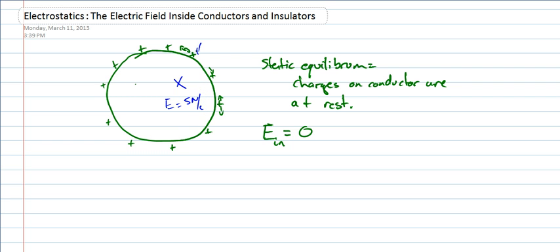What would that do to the charges on the surface of my conductor? Well, if it was an electric field, a positive charge would want to move away from it. So it would end up pushing my charges around and they would move, and then they would no longer be in equilibrium, right? Obviously that's not what we want.